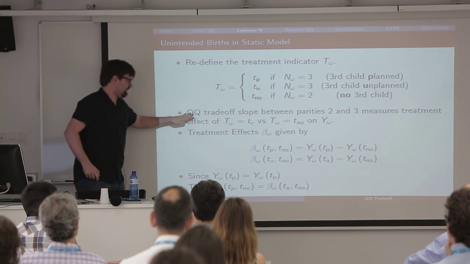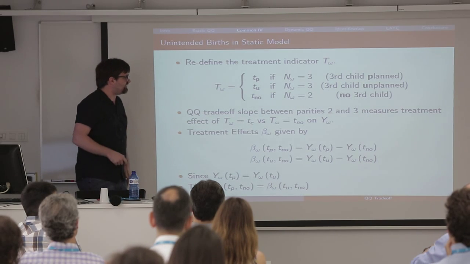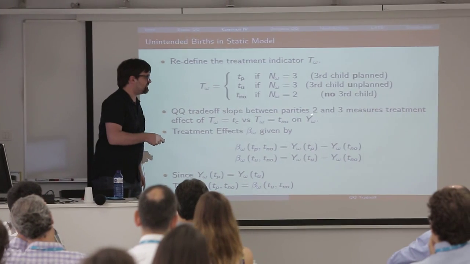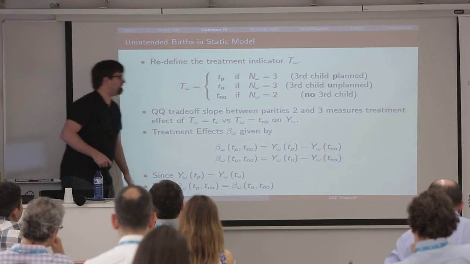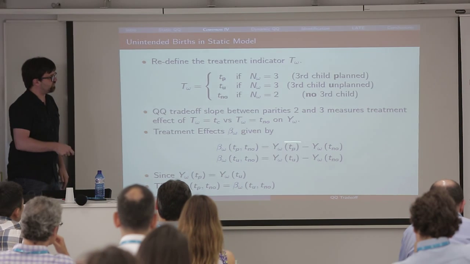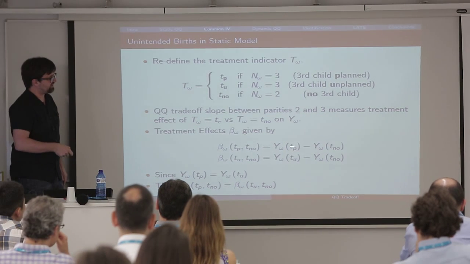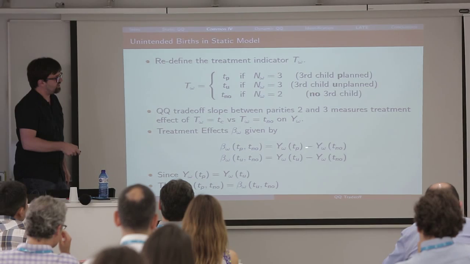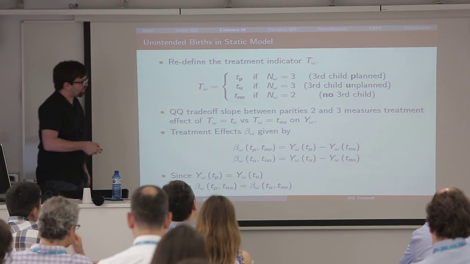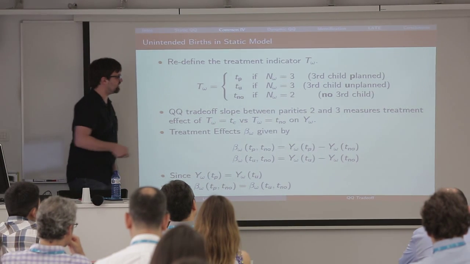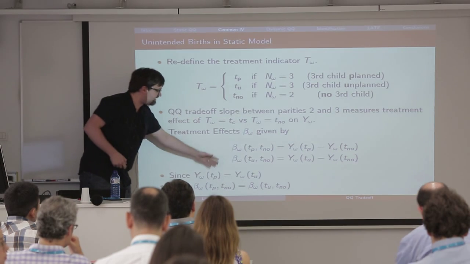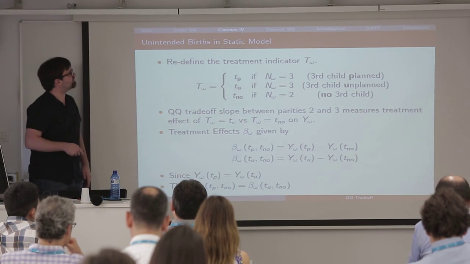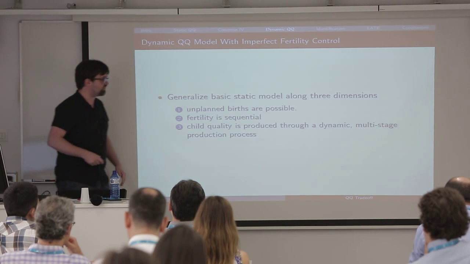The quantity-quality trade-off between parities 2 and 3 is going to be different depending on whether you're computing the effect of a planned increase against having no additional child, or an unplanned increase against no additional child. Since the outcome at the end of the day is the same, the treatment effects are the same, and people sort of don't bother about this.